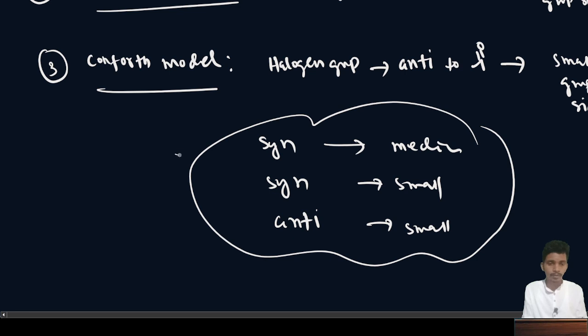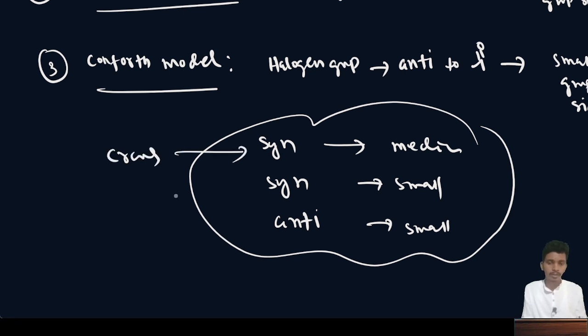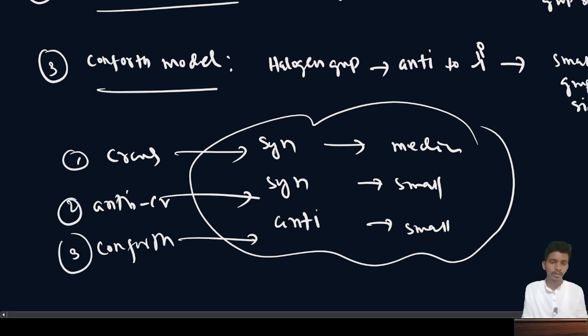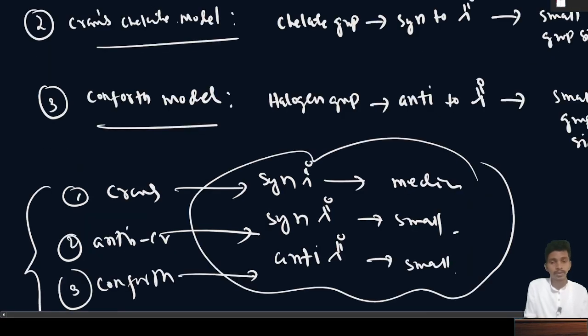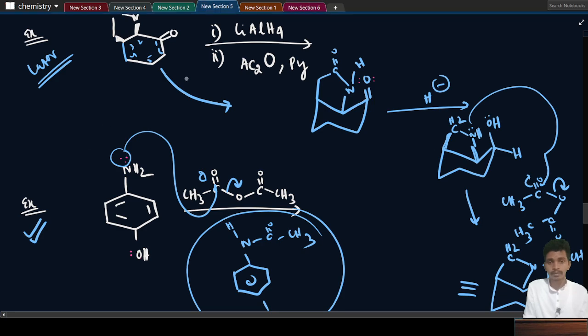This is for Cram's, this is for Cram's chelate, and this is for Comfort. Syn to carbonyl, syn to carbonyl, and anti to carbonyl, then the attack will be medium, small. So this way we can remember it to solve stereochemistry questions in acyclic molecules. For that case, we use these three models.